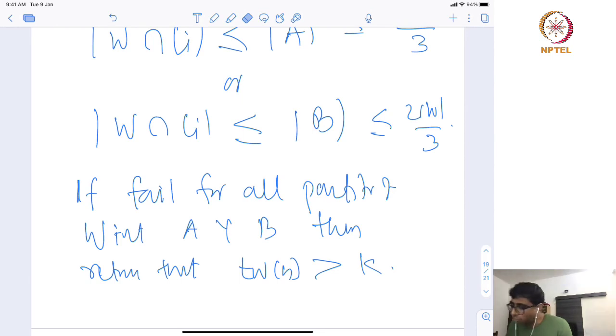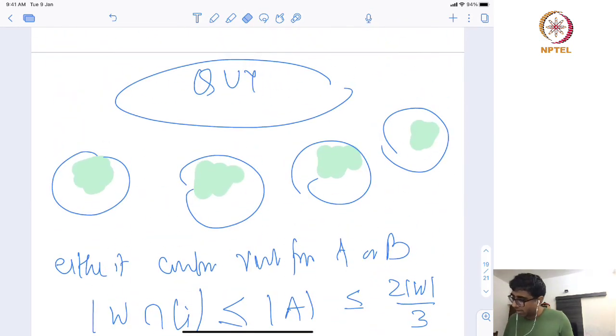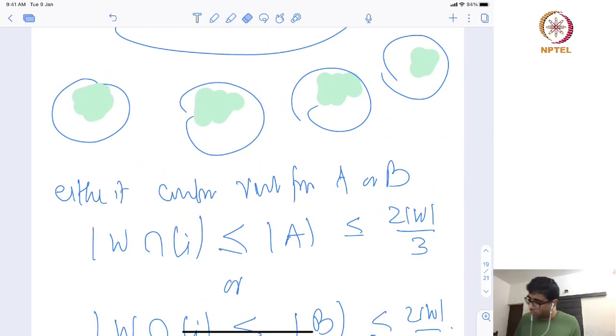Now, notice that in our existential algorithm, we needed a half to do all this. But since we do not have a half anymore, we will do something more.